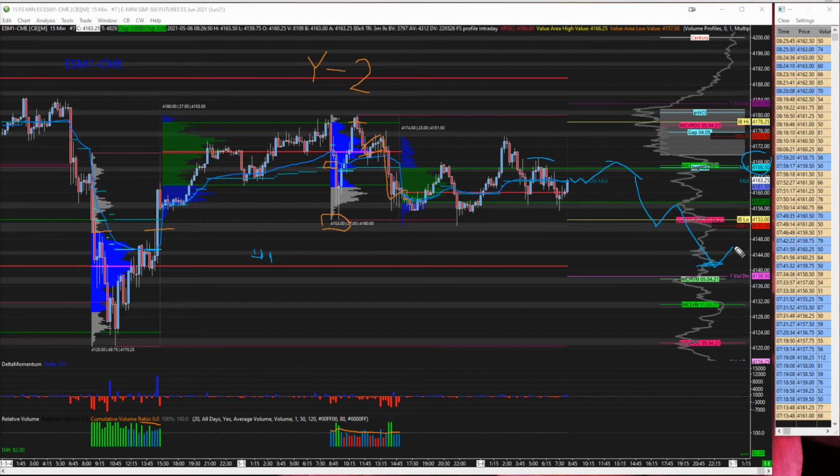And if we find strength, we continue lower down to the LVN at 32 and the VPOC at 20.